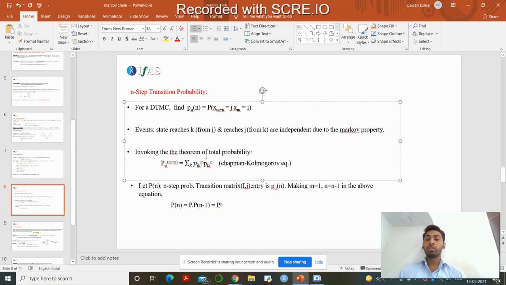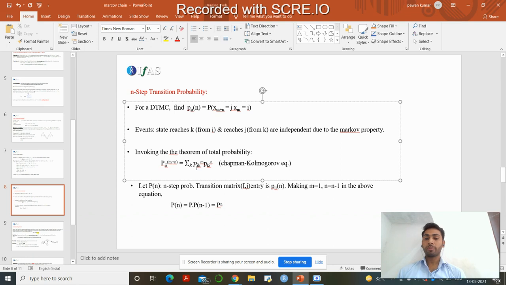We will not prove this Chapman-Kolmogorov equation, we just introduce this theorem. If we have the probability of m plus n steps, we can rewrite it as the product of two transition matrices: i to k in m steps and k to j in n steps. So we can write P^m(i,k) times P^n(k,j).